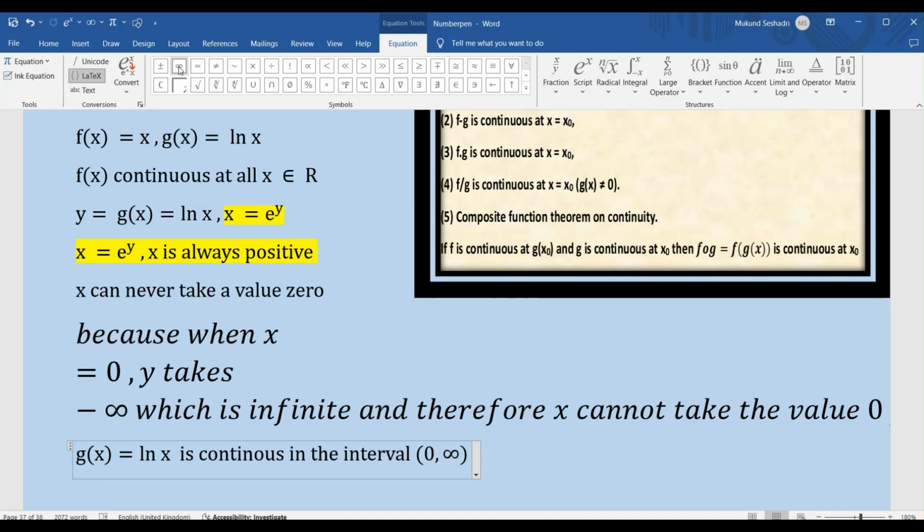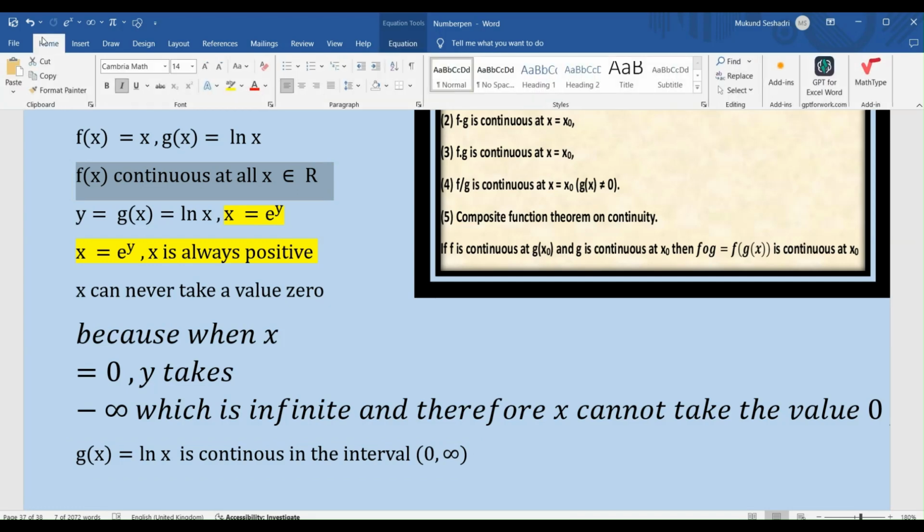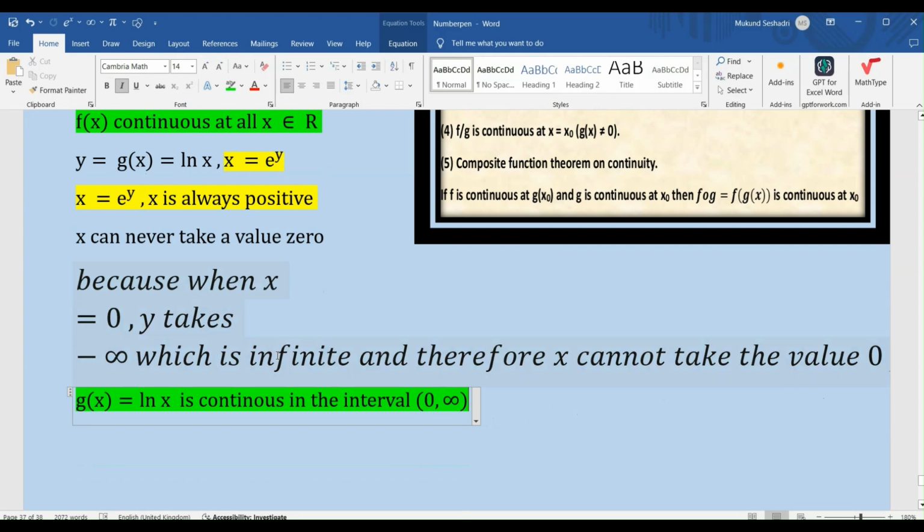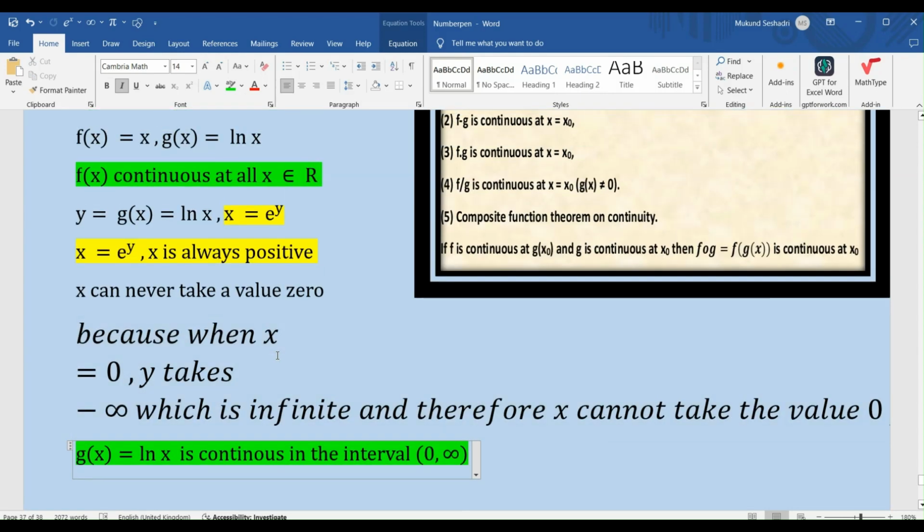So now we have what is required to answer our final question, right? So I have the continuity for f of x, and let me highlight it in green. I have the continuity for g of x, let me highlight it in green as well. And now if I go back and apply the algebra of continuous functions, I know that my x ln x, right?